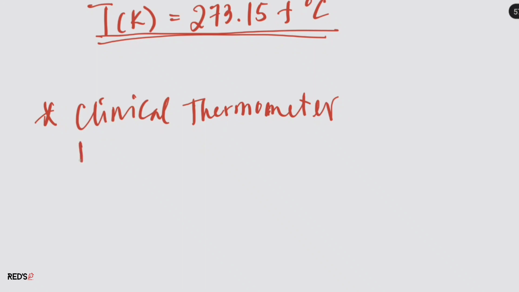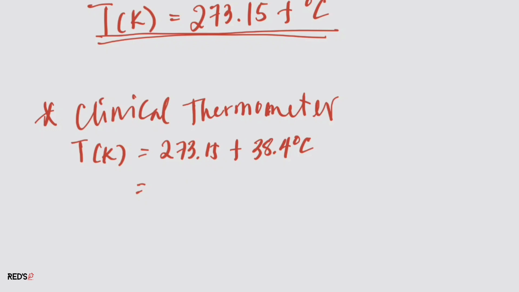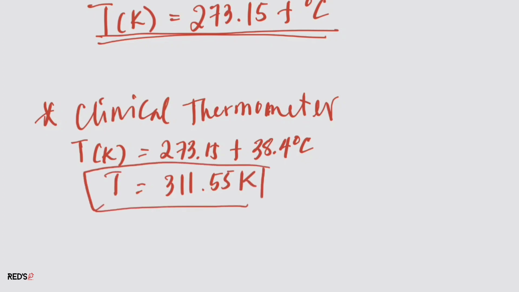So getting the temperature in Kelvin, 273.15 plus 38.4 degrees Celsius, we have, let me just get my calculator. You can get your calculators too if you want. 273.15 plus 38.4 gives us 311.55 Kelvin. That is our temperature.